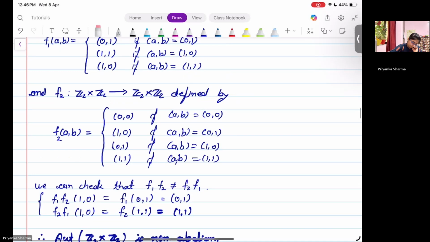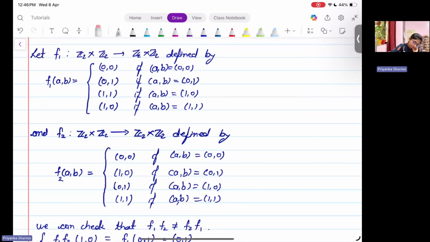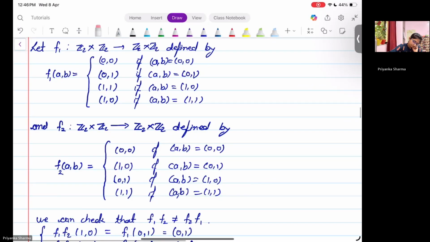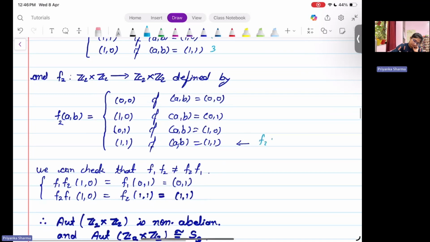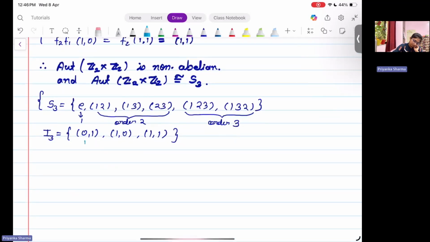So F1 will be similar to (2 3) and F2 will be similar to (1 2), because this is similar to 1, this to 2, and this to 3.